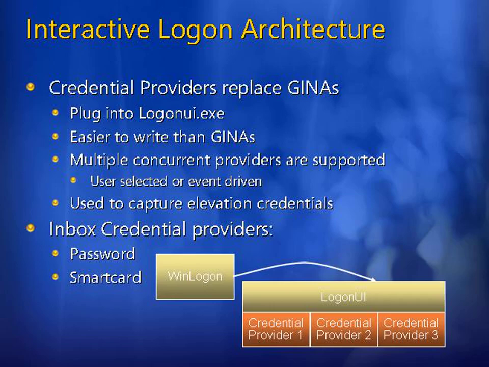The problem with writing a GINA, besides the fact that the documentation was a little bit weak, to put it pleasantly, was that it was extremely complicated to write one. Further, and most importantly, you could only have one GINA loaded on the system at any given point in time. So you'd either pick, well, I want the smart card GINA, or the password GINA, or the biometric GINA.